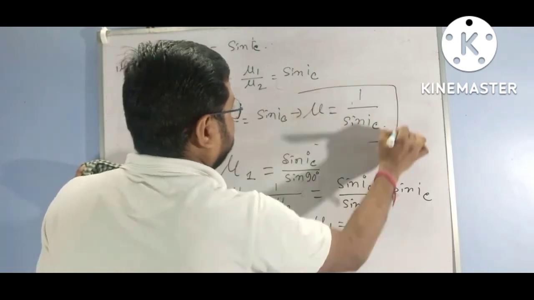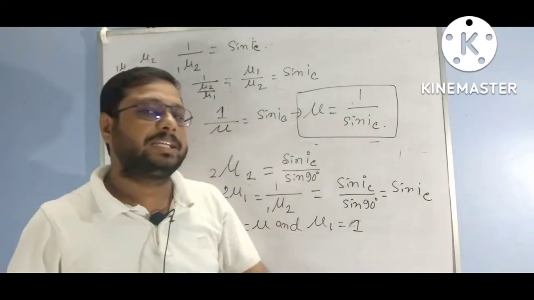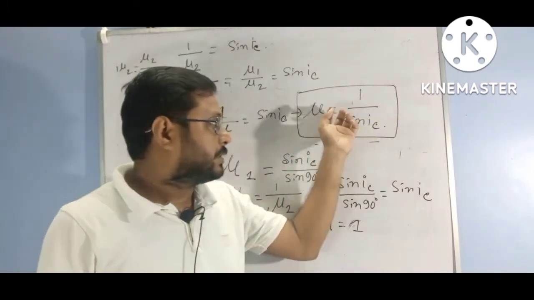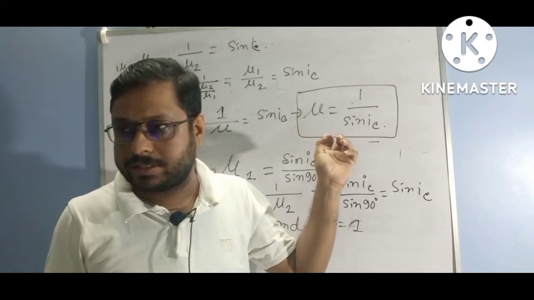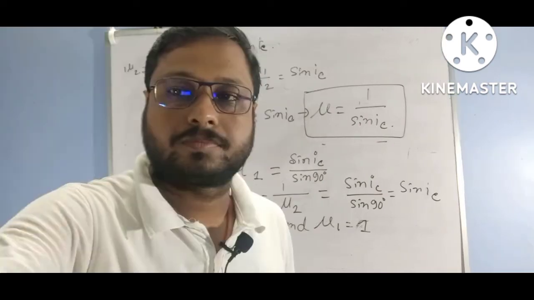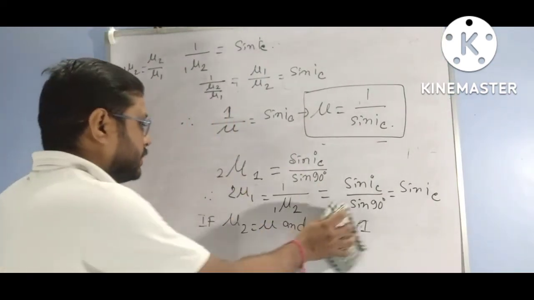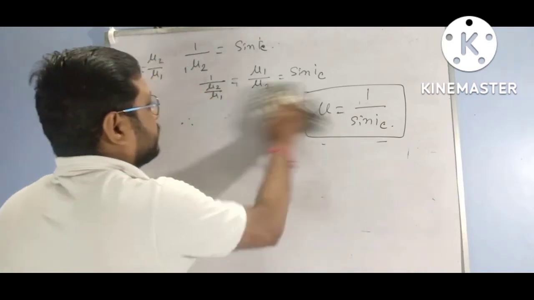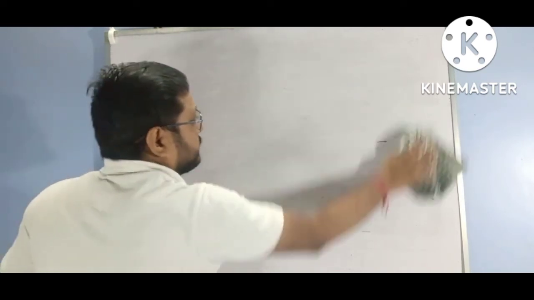That is, the refractive index is equal to the reciprocal of the sine of the critical angle. Now we can do some applications. So mu equal to 1 by sine IC.